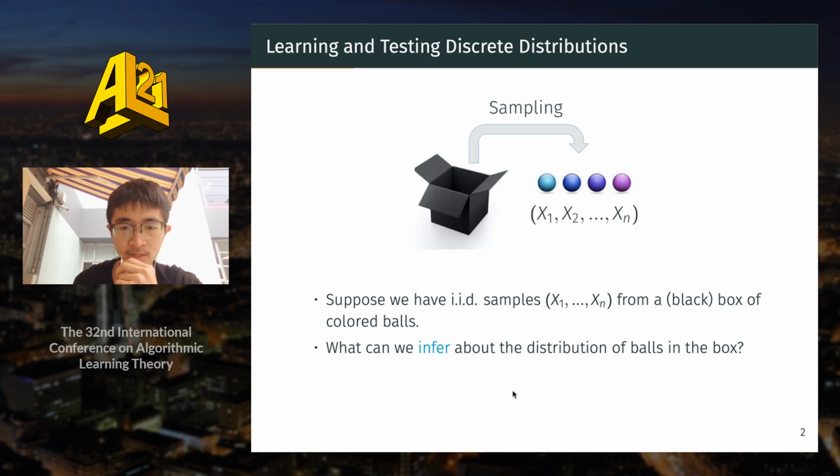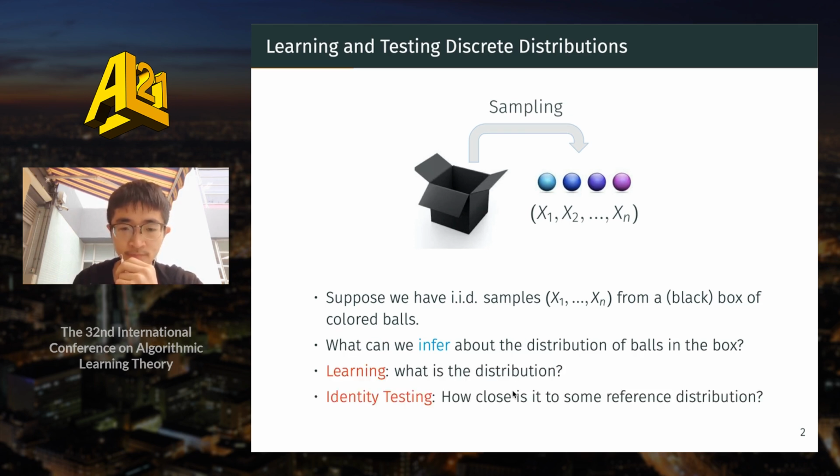What do we know about the distribution of the colored balls in the box? One problem we might ask is, what is the distribution of colored balls in the box? This is called the learning problem, and we can also ask how close the distribution of colored balls is to some reference distribution that is priorly known, which we call the identity testing problem.